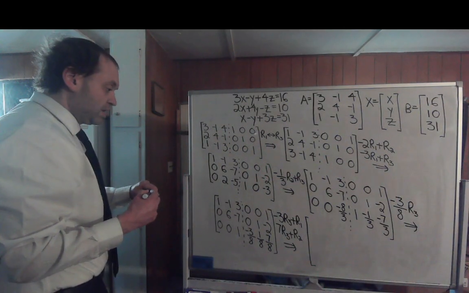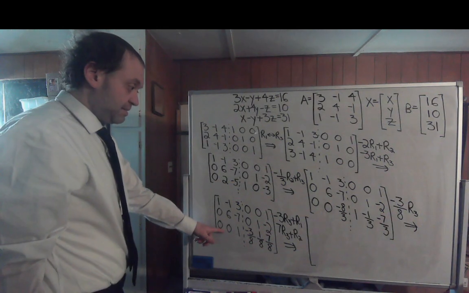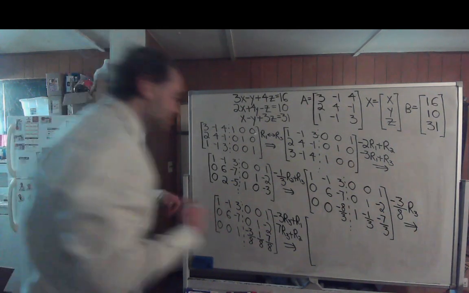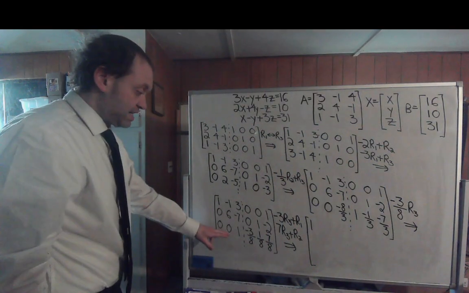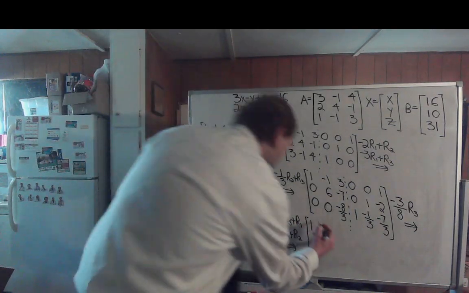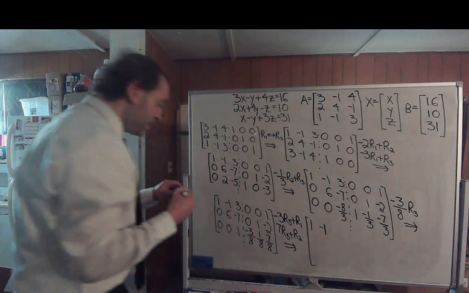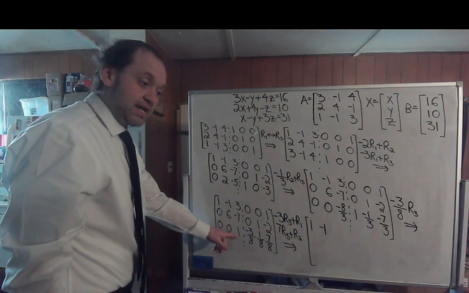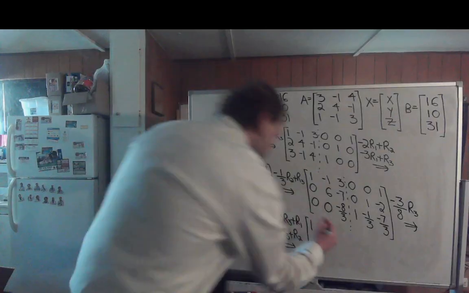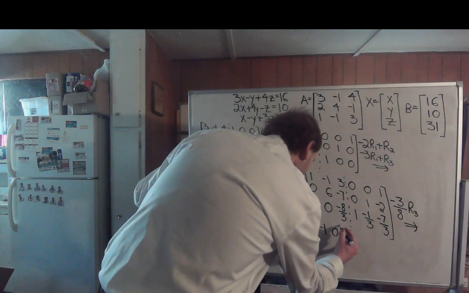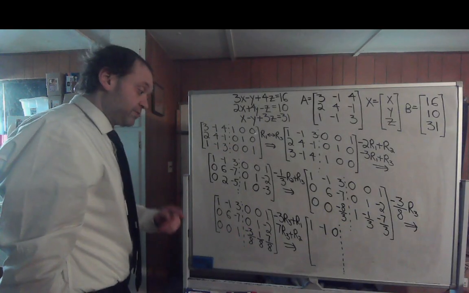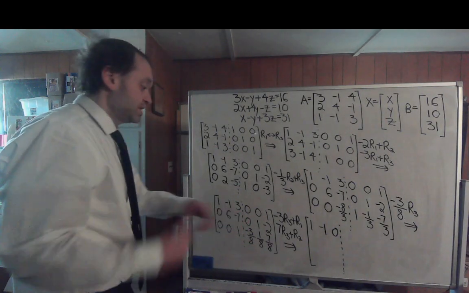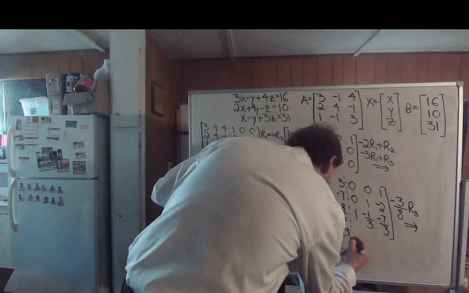So let's see, negative 3 times 0 is 0, plus 1 is still 1. That hasn't changed. Negative 3 times 0 is 0, minus 1, still minus 1. Alright, negative 3 times 1 is negative 3, plus 3 is 0. That's the first change we've made to row 1. Now, negative 3 times negative 3/8, that's positive 9/8 plus 0. You'll get 9/8.